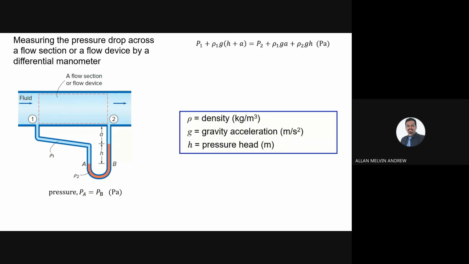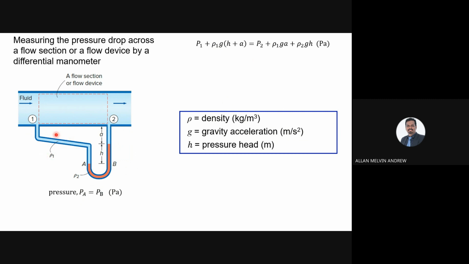So how can we find the difference? We find PA first, then we find PB. PA is the pressure at 1, plus rho 1. This is rho 1, which I assume is water.